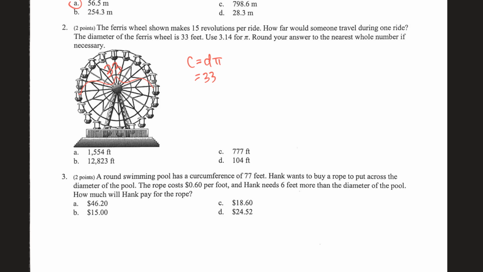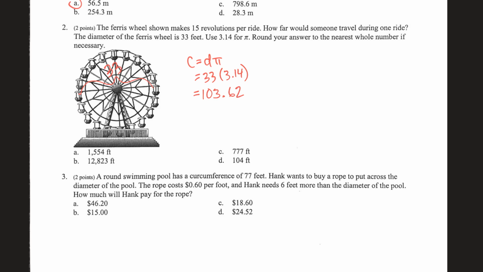Now 33 times pi, and we're going to use 3.14 for pi. 33 times 3.14, and I get 103.62.